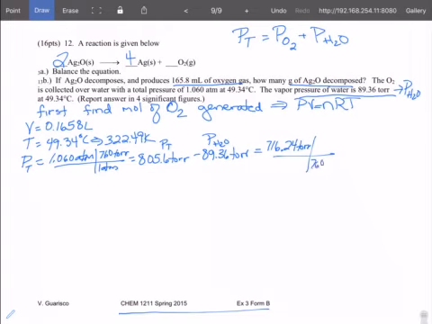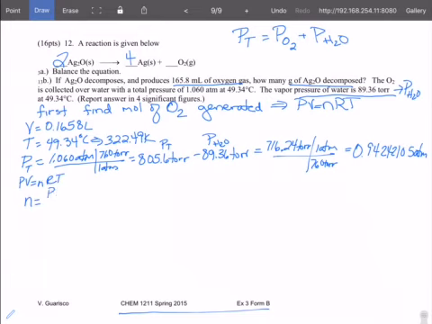As I said, it's easier to do it the other way. I just don't know why I don't do it that way. And so you get 0.94242105 atmospheres.